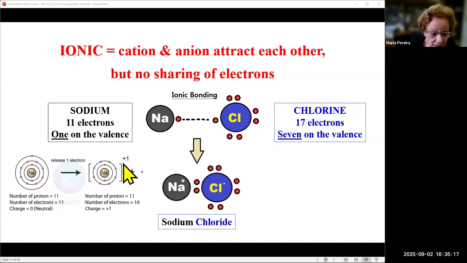It becomes charged because it has more protons, so it's positively charged. Now chlorine has 7 electrons on the valence, on the outer shell. So if it gains one electron, now it becomes negatively charged. So sodium and chloride can form ionic bonds, and now you form sodium chloride, which is the salt.